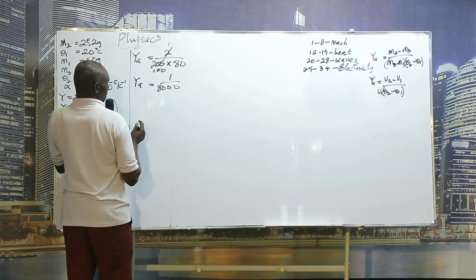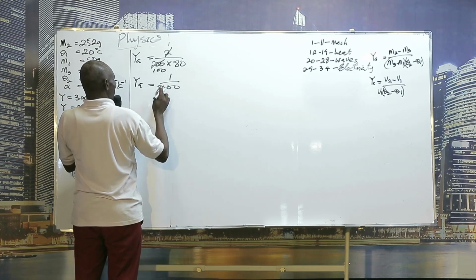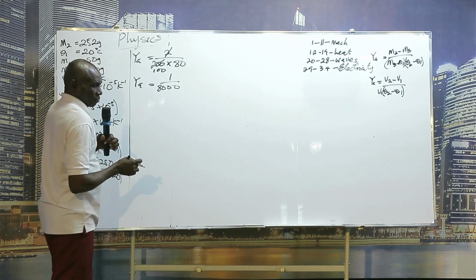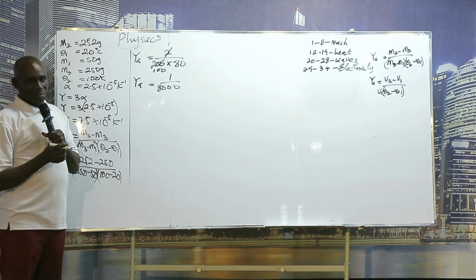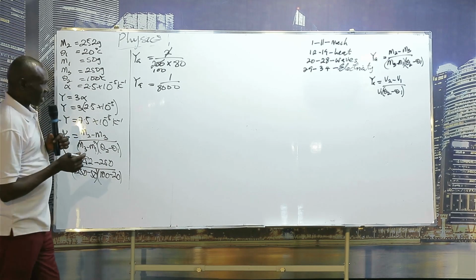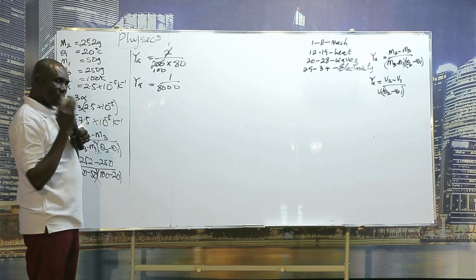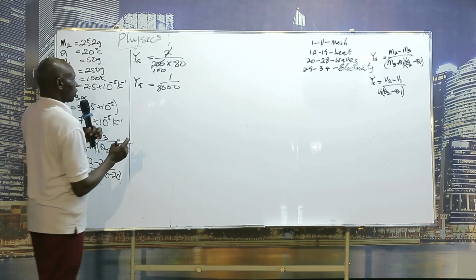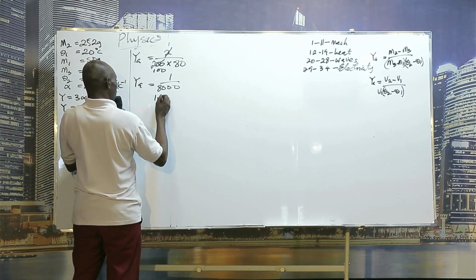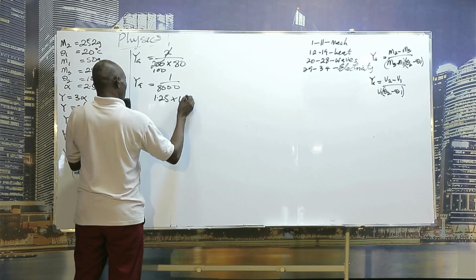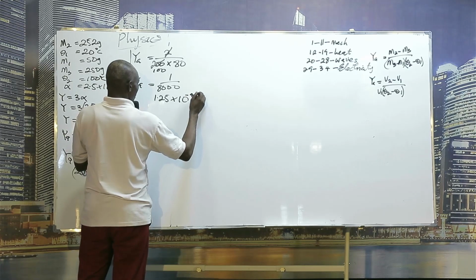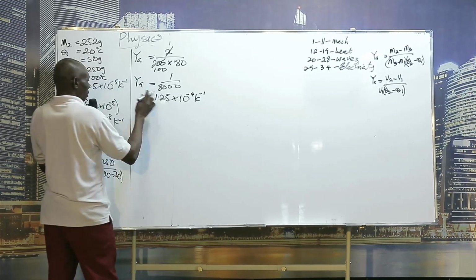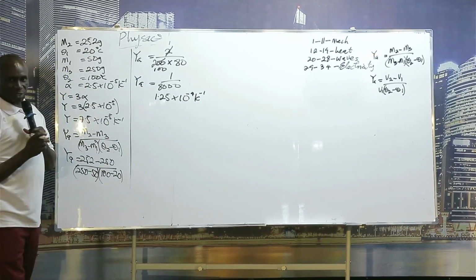Okay? Now, 1 divided by 8 will give us what? 0.125. Thank you. 0.125, which means 1.25 times 10 raised to power minus 4 per Kelvin. That is the apparent cubic.